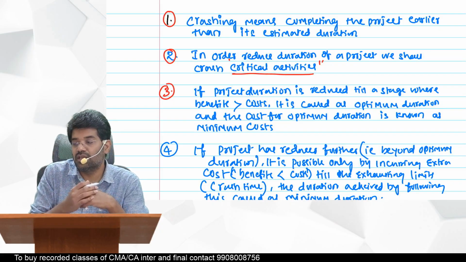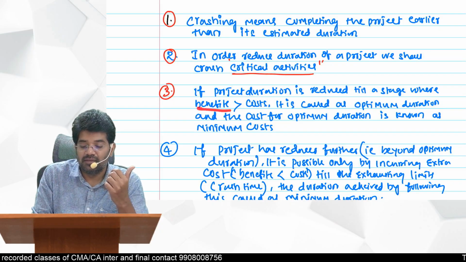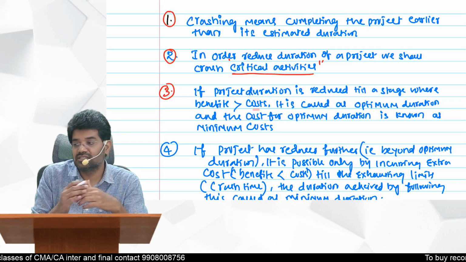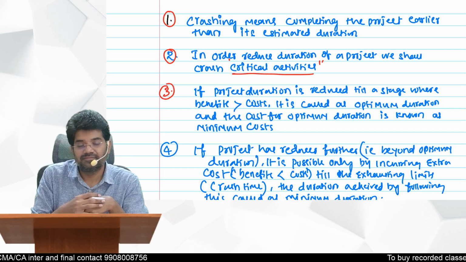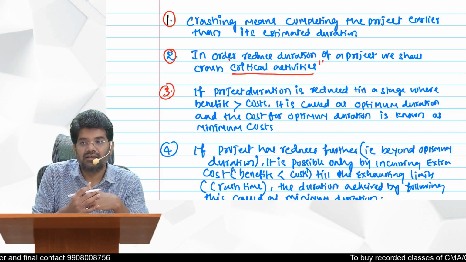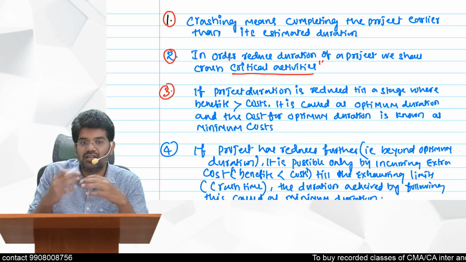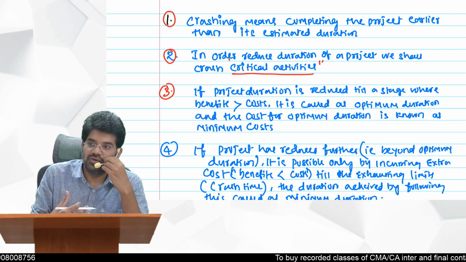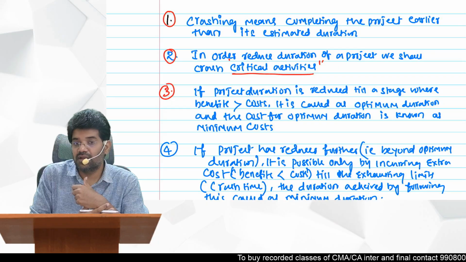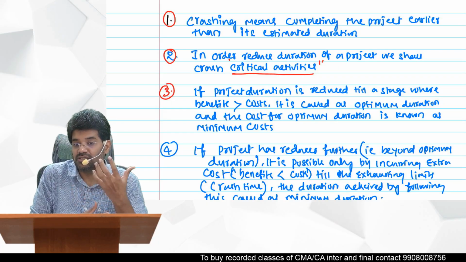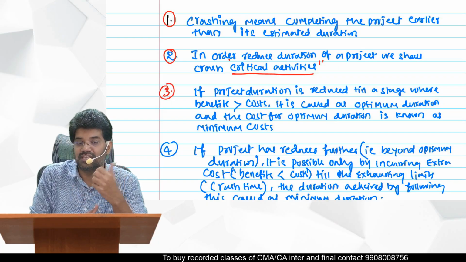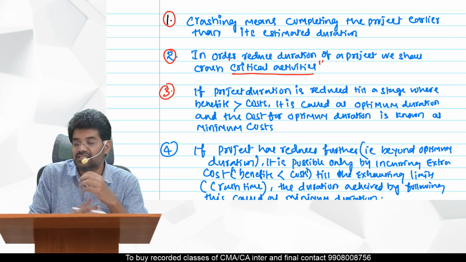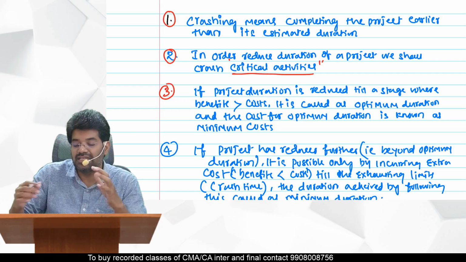Beyond that means, even though your benefits are less than cost, can we still go further? There is no benefit in that. But if you still want to do it, yes, we can. Because sometimes there might be an urgency in completing the project due to some unforeseen circumstances. In that case, whatever duration we get, we call that the minimum duration.